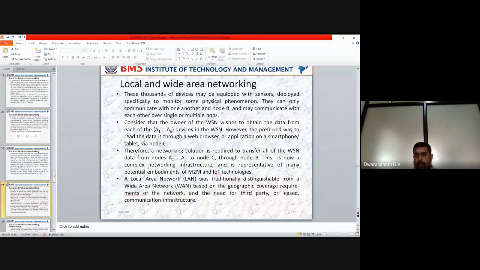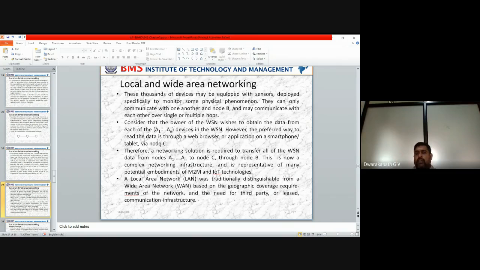However, the preferred way to read the data is through a web server or an application on a smartphone or tablet via node C. Means node C has internet, and node C is connected to any server or web application or smartphone like that. So where some intruder, somebody comes, they can see and watch on that particular sensing.